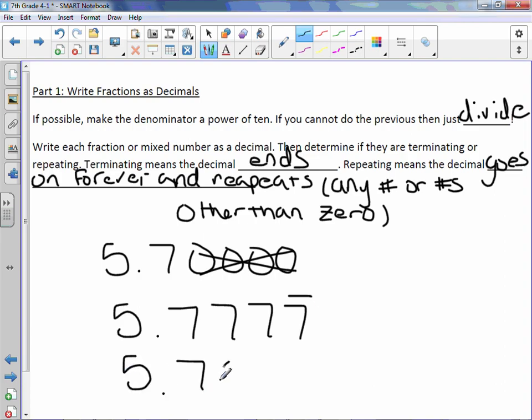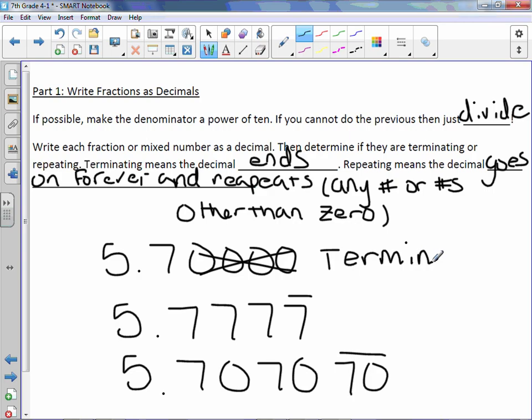Similarly, if I had 707070, that can also be repeating because the 7 and the 0 both repeat. But just when there's a 0 all by itself at the end, we consider that a terminating decimal. We consider that decimal to end. But do keep in mind that with terminating decimals, those zeros do repeat at the end forever. So this one is considered terminating.